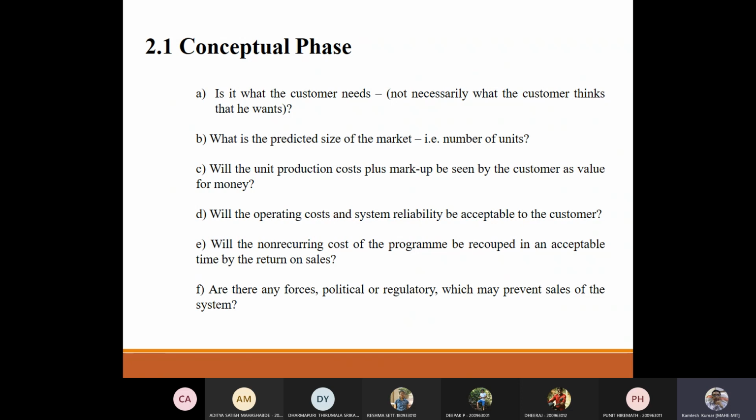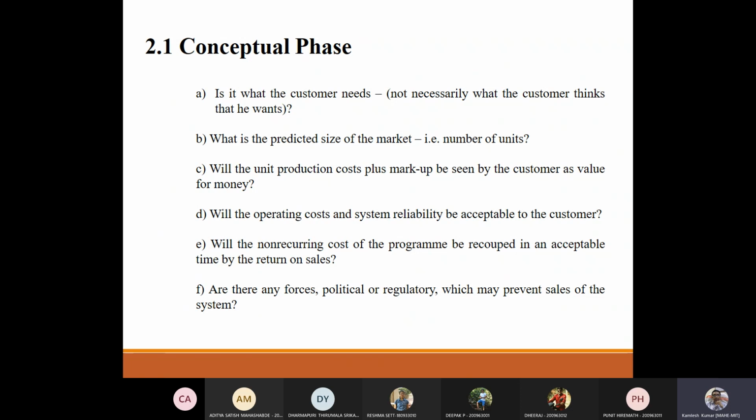Means you should have at least a customer with you. It's not like you start the product without the customer. At least you have already interacted with the customer. Someone is there who invested the money, and someone is there to purchase that. So at least you have an idea.